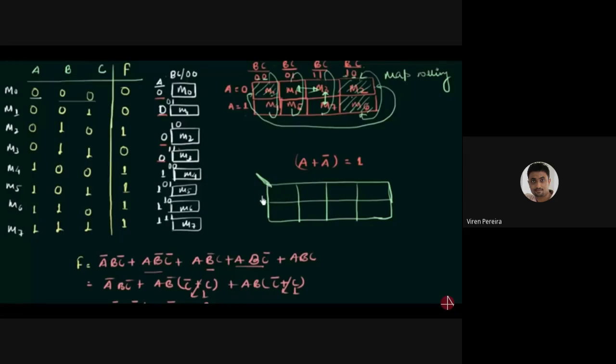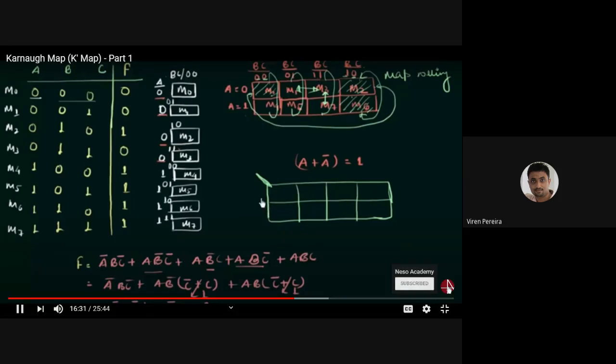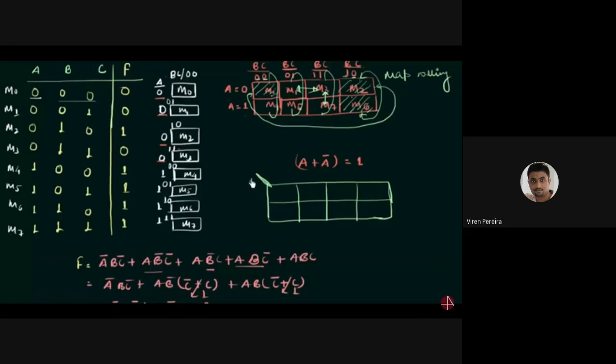This shows that you are writing BC for this upper part and A for this part, A, BC. Now we will write the corresponding values for the cells, which is 0 0, 0 1, then 1 1, 1 0, and 0 1.